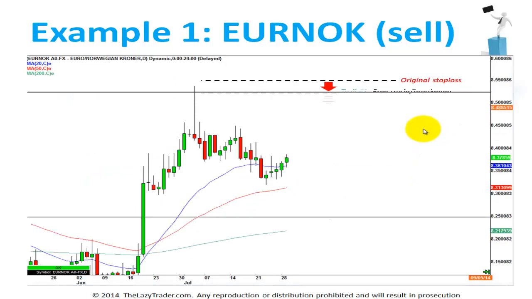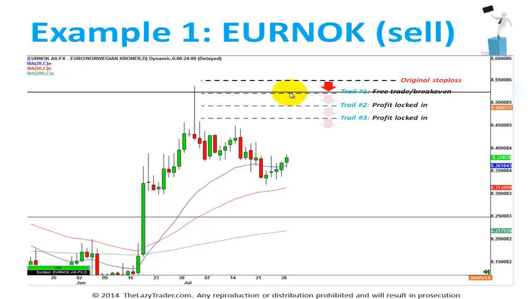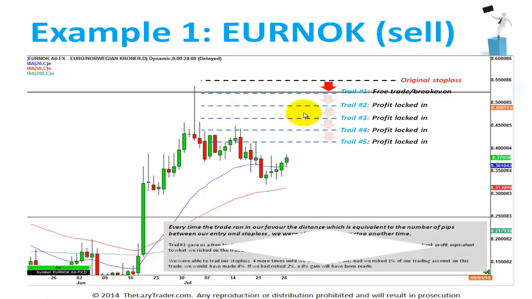We've had our original stop loss above the level, and what we do is for every equivalent distance the market moves between our entry and our stop loss, we trail along the way.